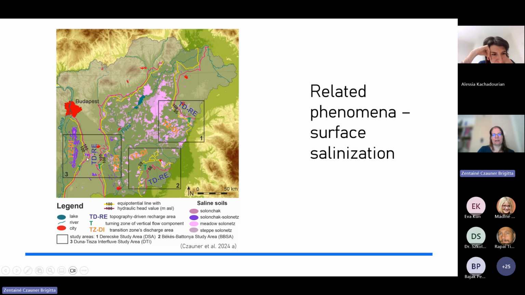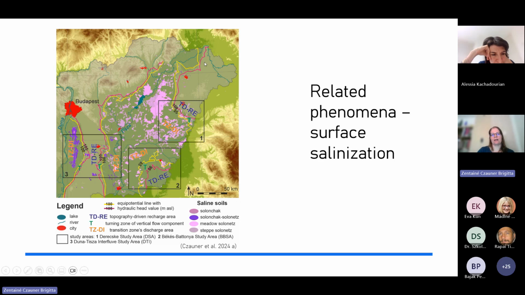So actually, the topography-driven groundwater flow systems can be found in the elevated parts of the basin between, let's say, the yellow lines. These are equipotential lines, otherwise, so Dunatisza interflow, the Nyírség area, and the Maros alluvial fan, which are actually regional recharge areas, which are basically covered by topography-driven flow systems.